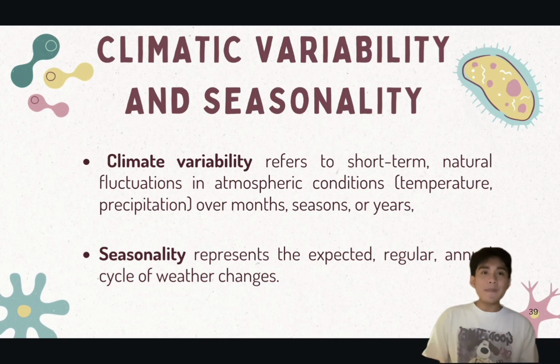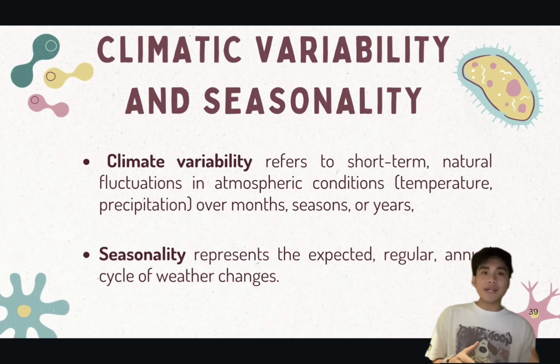The seasonality naman is the masasabi nating predictable calendar. Ina-expect natin na mangyayari or magta-transition from a rainy season to dry season or from winter to spring. Kind of cycle, siya yung cycle ng weathers na ina-expect ng mga tao. Or siya yung nagfa-follow ng a certain regular or repeating loop na nangyayari in a year or in a span of 12 months.